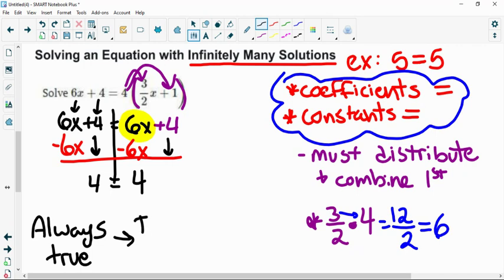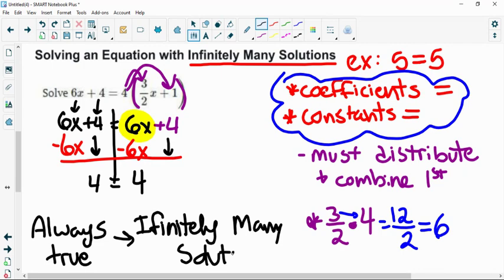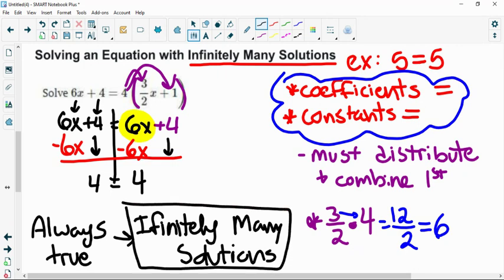So we say it has infinitely many solutions. I could take an infinite number of people, and if they pick a different number for x, this equation is going to always be true.